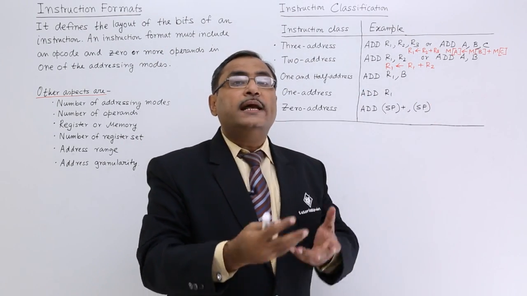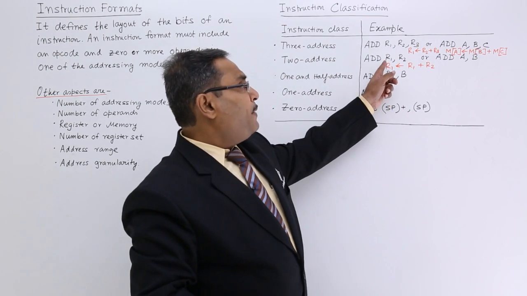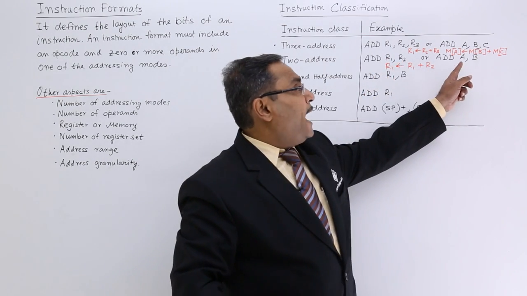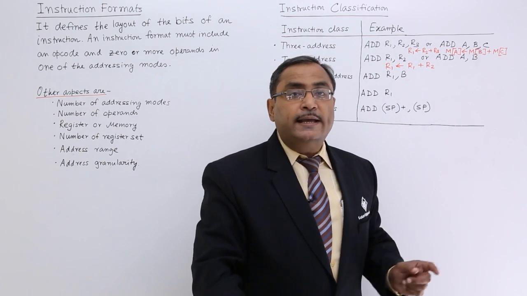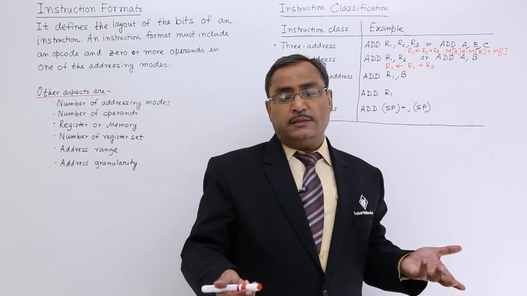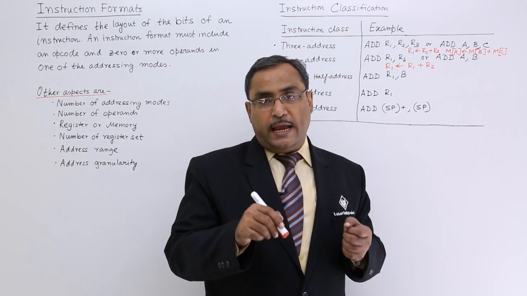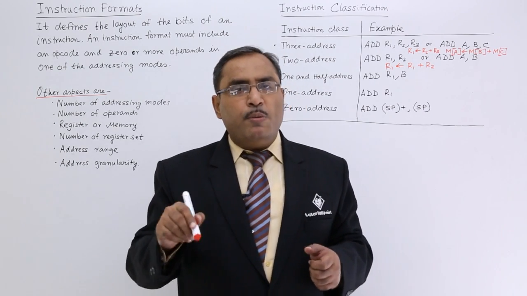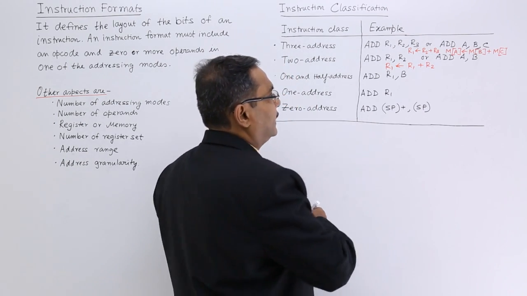R2 is working only as a source register. Instead of R1 and R2, we can also have memory variables like A and B. In the same way, memory content of A is initialized with the memory content of A plus memory content of B. So that can be done.